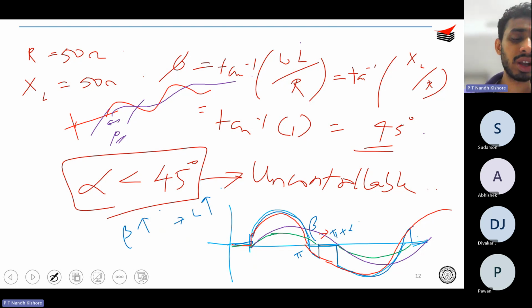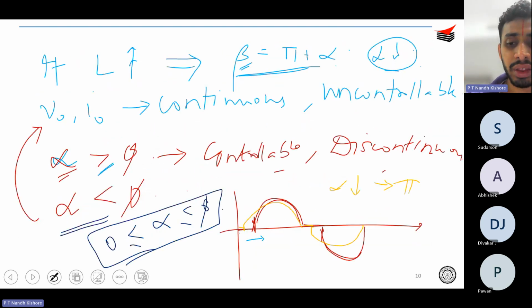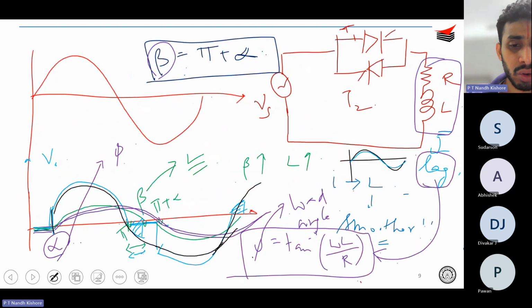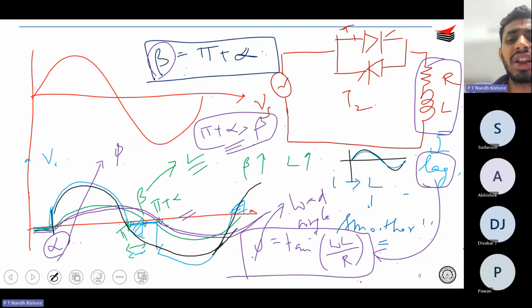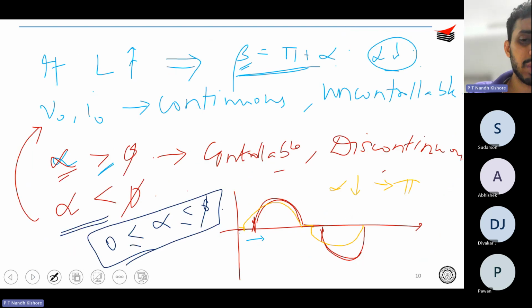Okay, so that is what I told you, that if your alpha is less than phi, or the lag angle, your converter is uncontrollable. And if your alpha is too high, as shown over here, then pi plus alpha is more than beta. If your pi plus alpha is more than beta, then your converter is controllable.